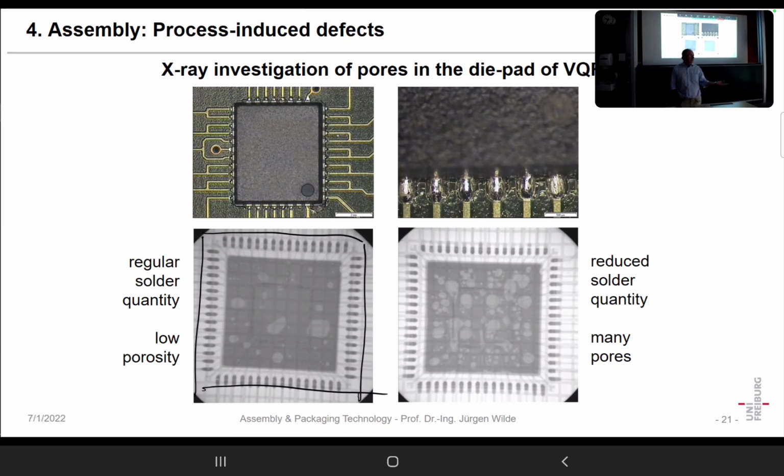So when the device is, for instance, tested just electrically, that might be fine, but when it's in operation, for instance, at higher temperature and having higher power dissipation, it can be overheated. And as a consequence of overheating, it will fail soon. So you could say then it's maybe fatigue failure of the solder joint, but that's not the basic cause.